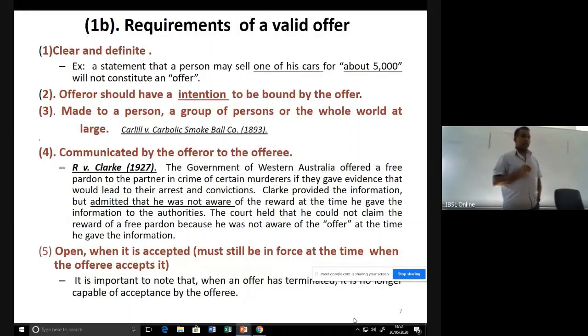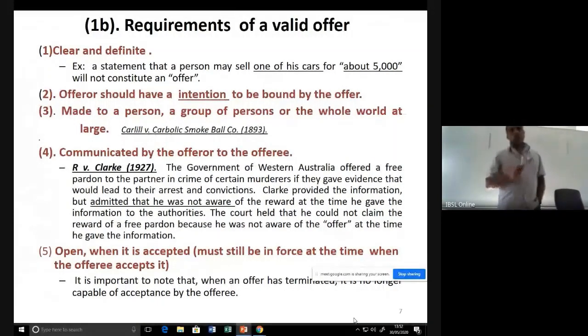Example: a statement that a person may sell one of his cars for about 5,000 will not constitute an offer. For example, I have 3 pens, blue, black, and red. I make an offer like this: I will sell one of these pens for about 50 rupees.